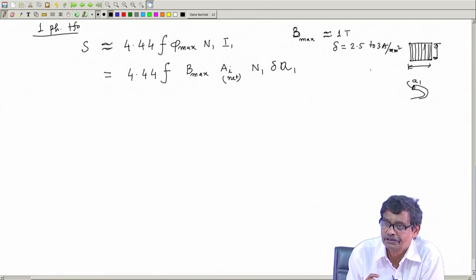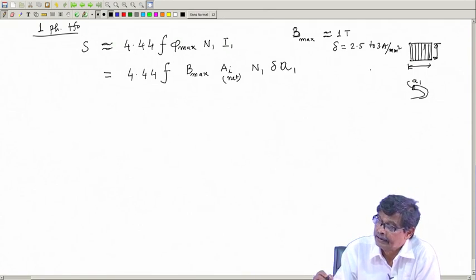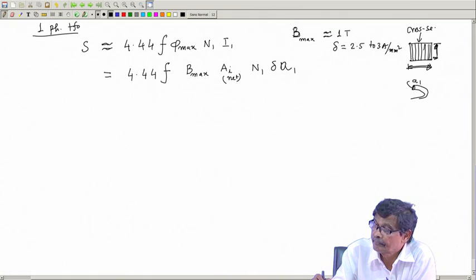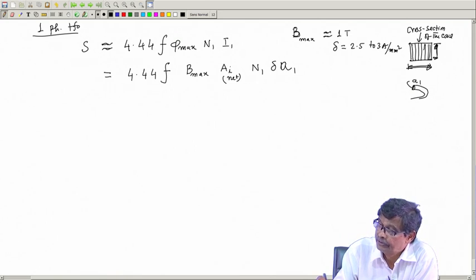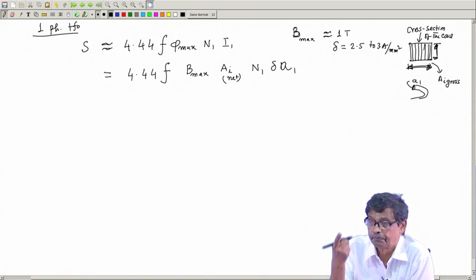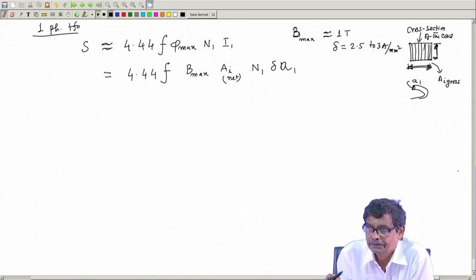Therefore, at least one physical dimension I have been able to bring in here, that is this cross sectional area has something to do with physical area. Now, this length into this breadth, this is the cross section of the core. So, this length into this breadth, what you get is AI gross, and through which flux is passing, not through air.